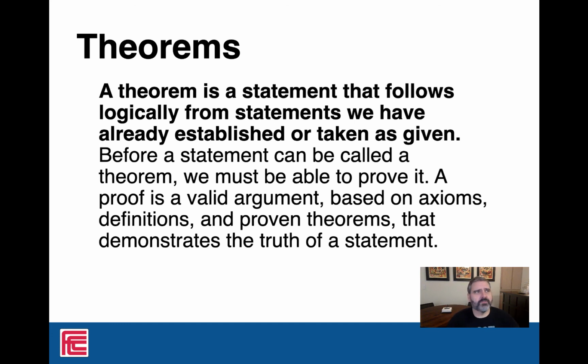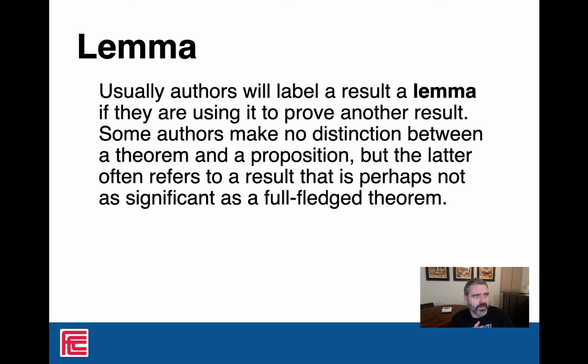Now, theorem is a more general term. It's often what we'll use, but there are a few subsets of theorems, right? So a lemma is basically a theorem. It's something you've proven, but sometimes when you're trying to prove something, you have to prove three other things first. If I can prove these three things are true, then I can prove that this overall thing is true.